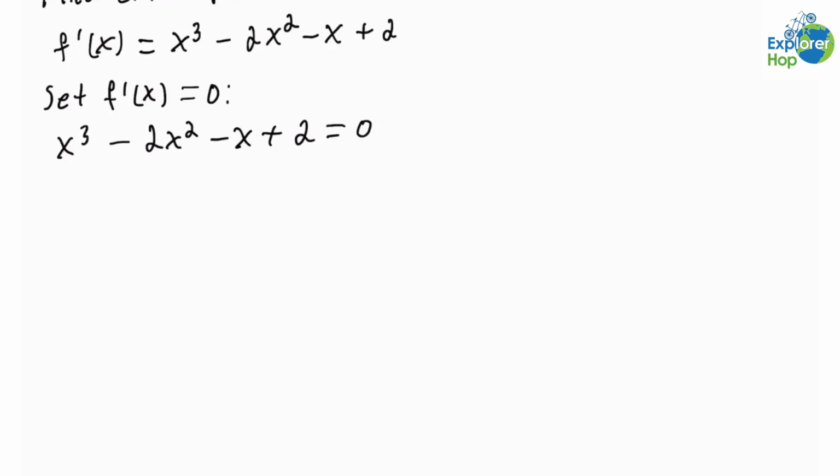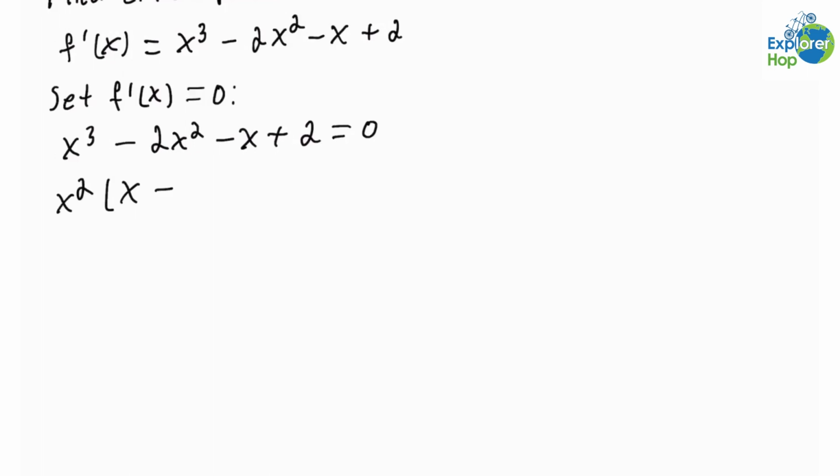So if we common factor out an x squared from the first two terms, we get x squared times x minus 2. And factoring out -1 from the last two terms gives us negative x minus 2. And this is all equal to 0.